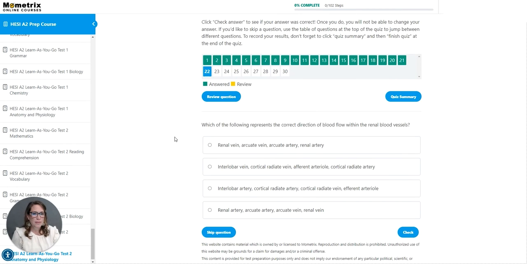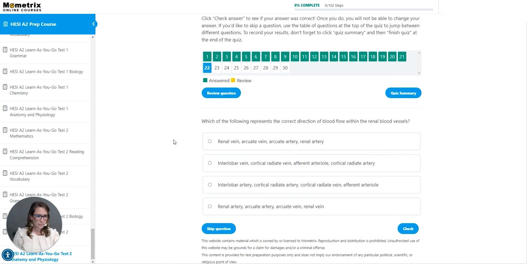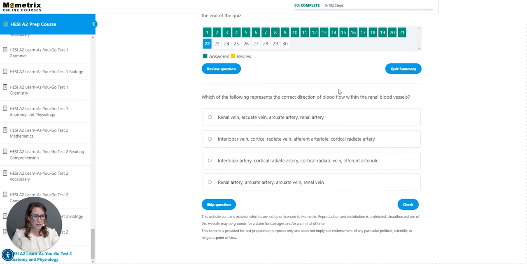All right, question number 22. Which of the following represents the correct direction of blood flow within the renal blood vessels? Okay, so we're going to start off assuming that we're coming from the heart into the kidney as our correct blood flow. Let's take a look at our options first. We have our renal vein, arcuate vein, arcuate artery, and then a renal artery.